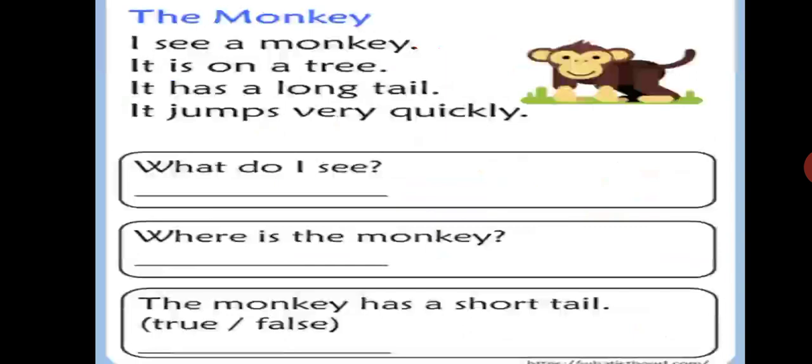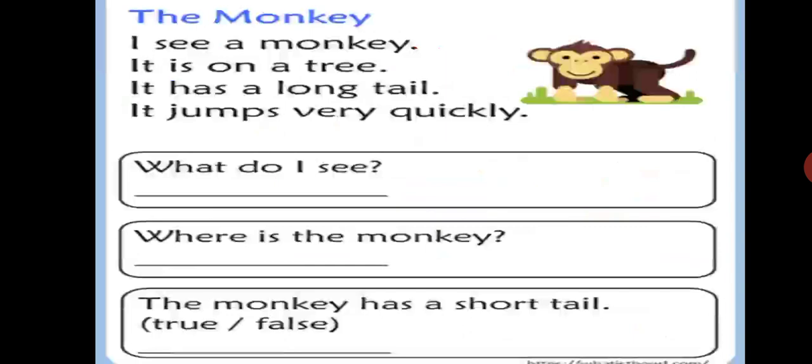If you answer rightly, it means you read this passage properly and you understand what is conveyed through this paragraph. What do I see? Then where is the monkey? The monkey has a short tail. Answer these questions properly. You can look at the passage once again and answer.